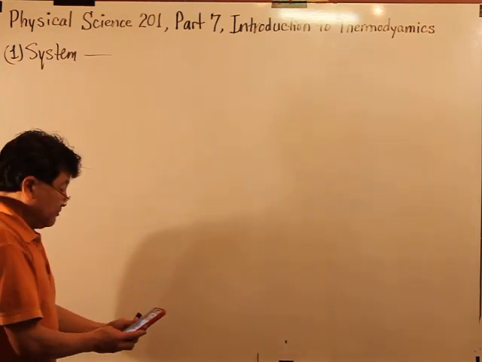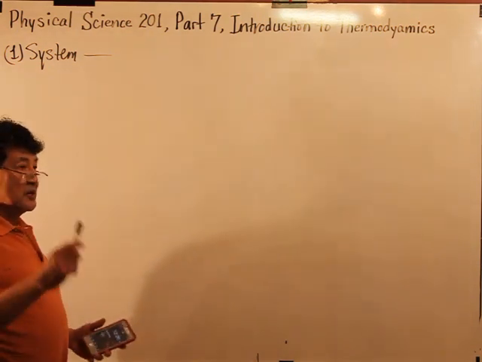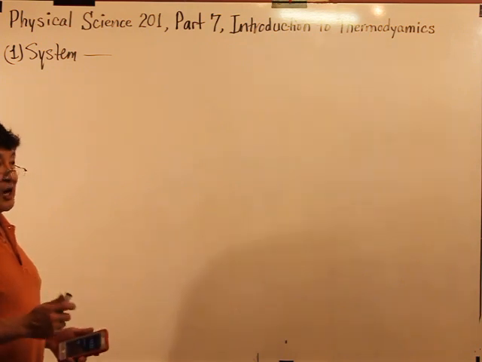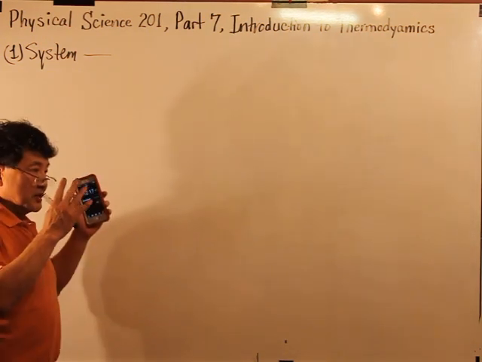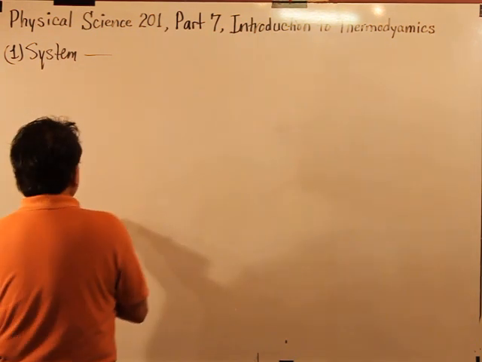And then we have to define the vessel and its contents of our interest as an isolated system, we call system entity, or what we call system. So what is system?